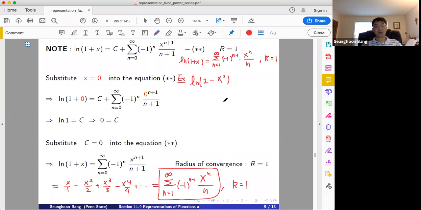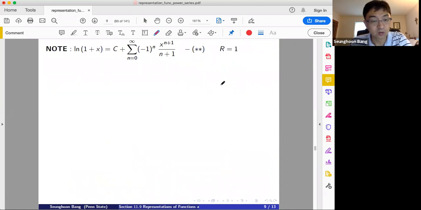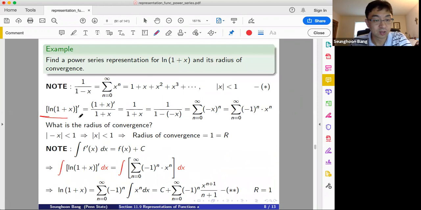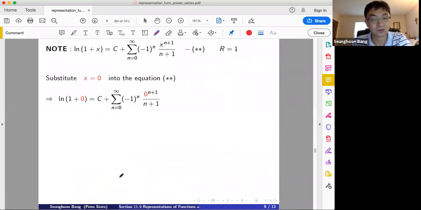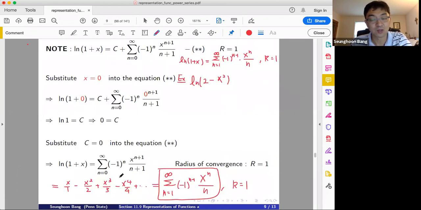Do you know that? So take out 2. If you want to find ln of 2 minus x squared, don't take the derivative to find the algebraic form, or use a geometric series, find the power series, and take the integral. No, don't do that, it sometimes wastes your time. What's the best way? Yes, use the previous result.